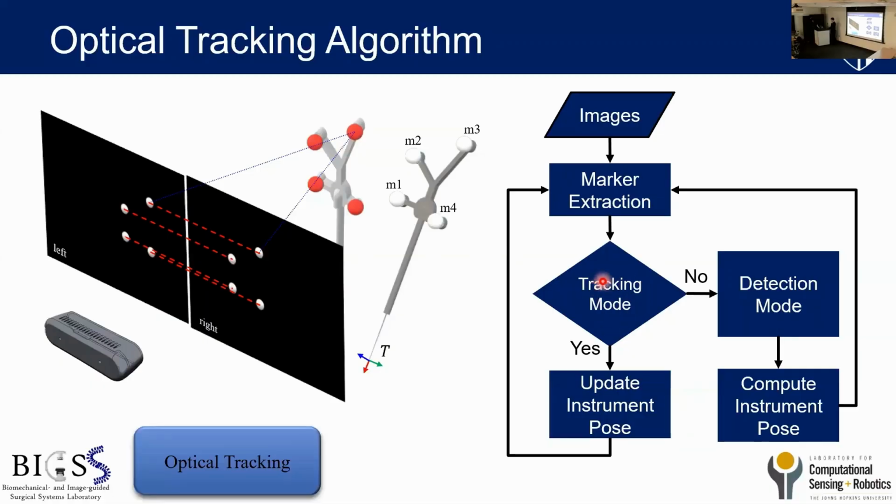When there's no instrument tracked in the system, it goes to detection mode, which will look for instrument models. Once it finds a model, it computes the surgical instrument pose, and then switches to the tracking mode. The tracking mode runs at a much faster frequency, at the frame rate of the camera. In this case, we're using a RealSense camera that can run up to 90 Hertz.